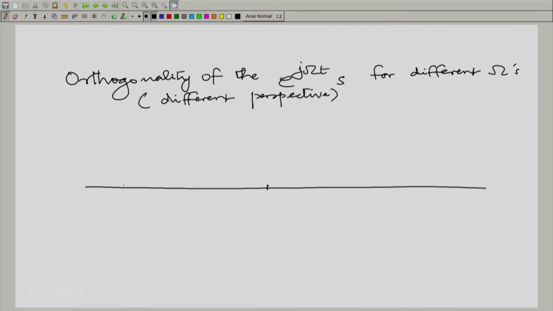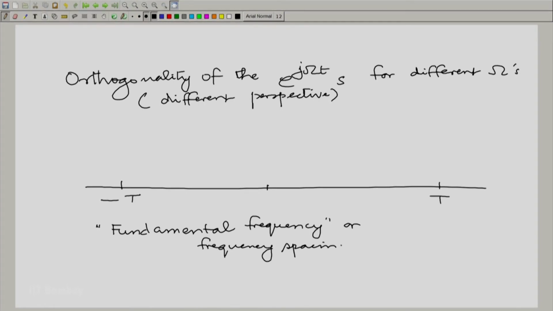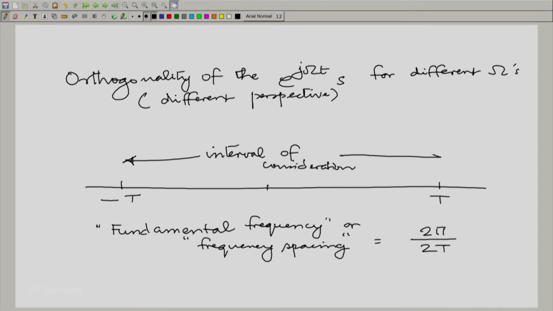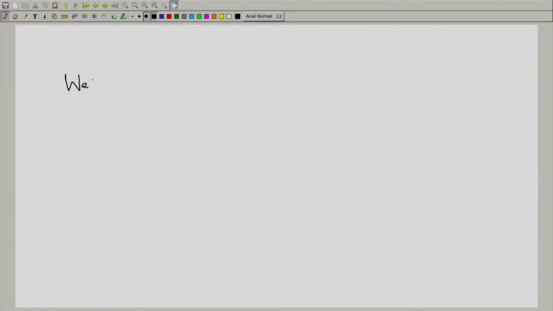Let us consider the interval from minus capital T to plus capital T, and we take the so called fundamental frequency, 2 pi by 2T, where 2T is the interval here, and take frequencies spaced by the fundamental frequency. So, we consider omega 1 equal to some multiple, let us say k times 2 pi by 2T, and omega 2 equal to L times the same quantity.